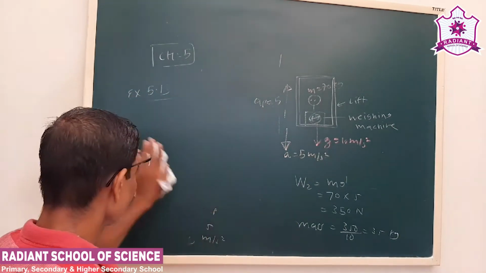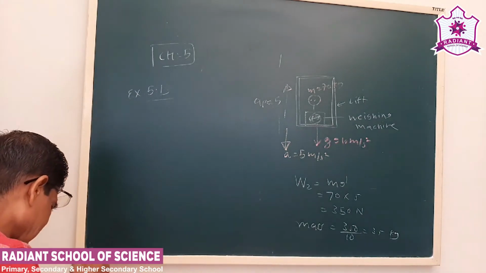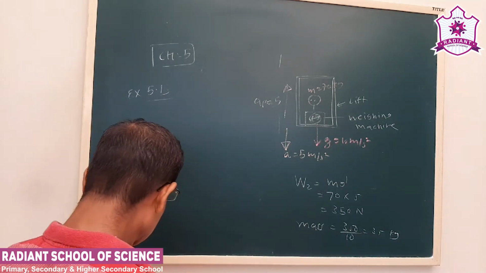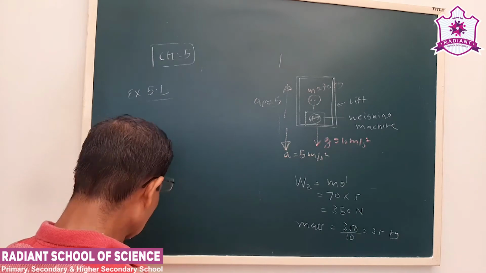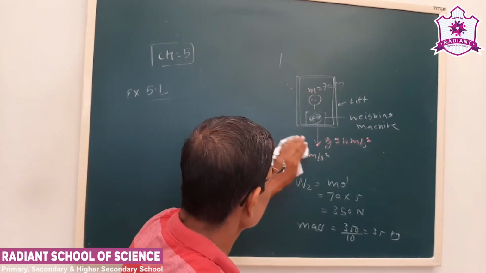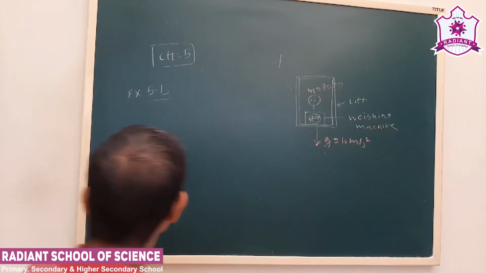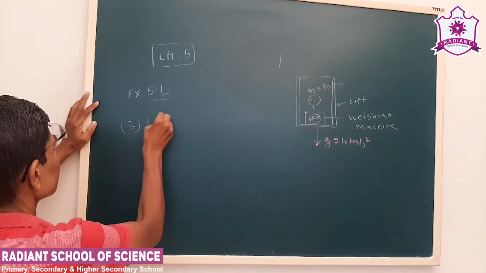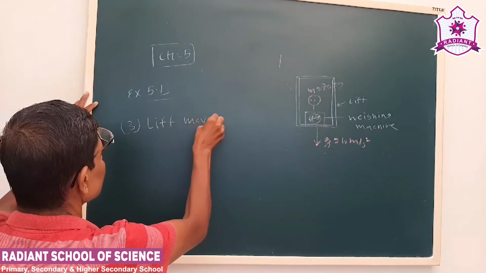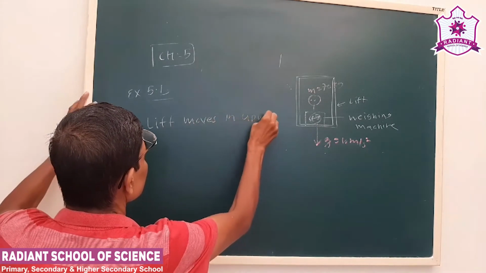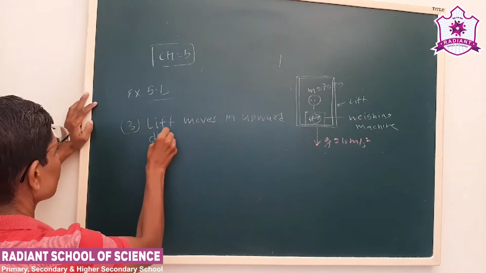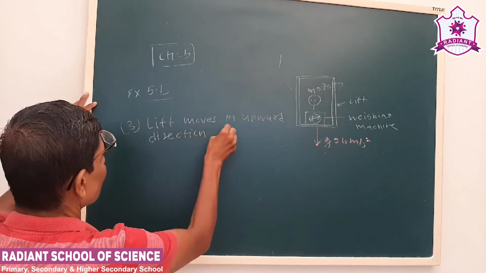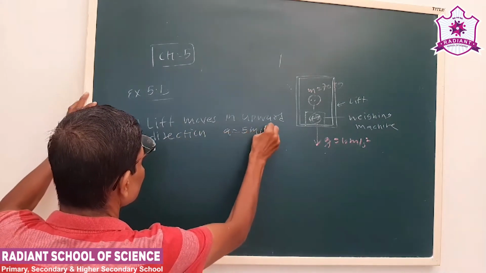Now see the third case. The lift moves in the upward direction, with acceleration of 5 meter per second square.